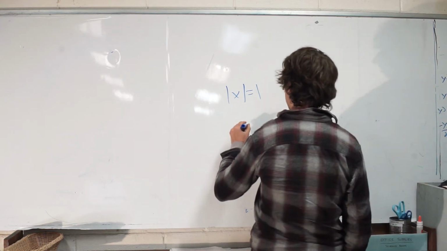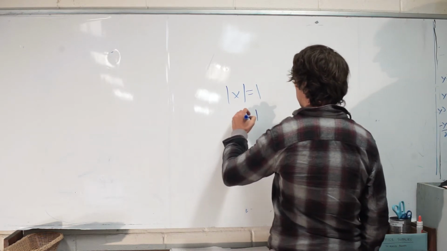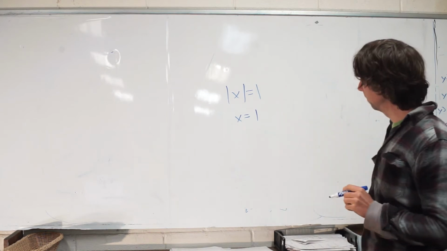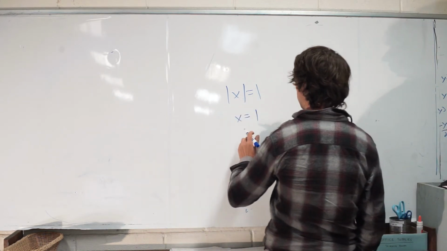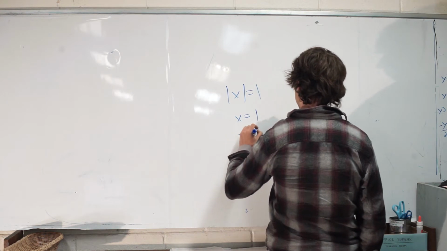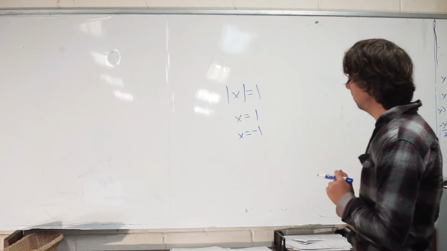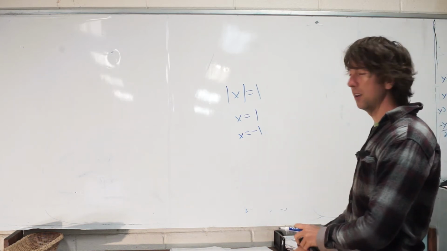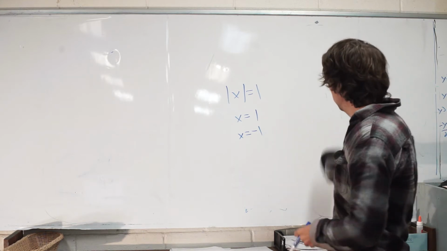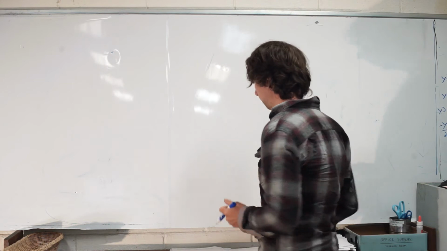And 1 is a solution, but there's also another solution, negative 1, because if I plug in negative 1, it's going to become positive 1. And often, equations with variables inside absolute value signs have two solutions. And I want to show you the general method to figure out what the two solutions are.